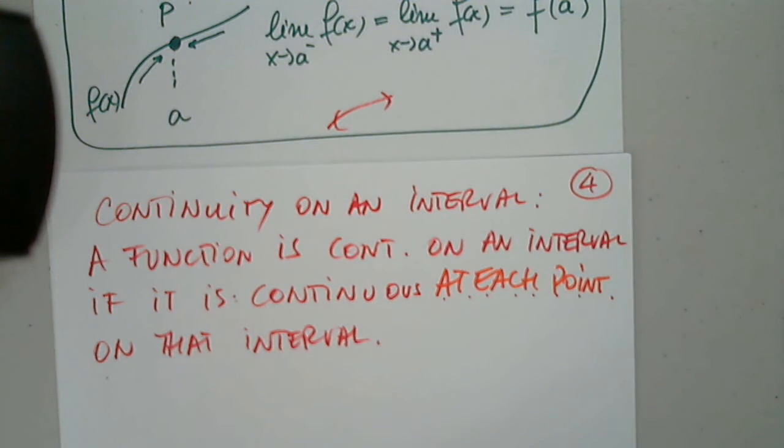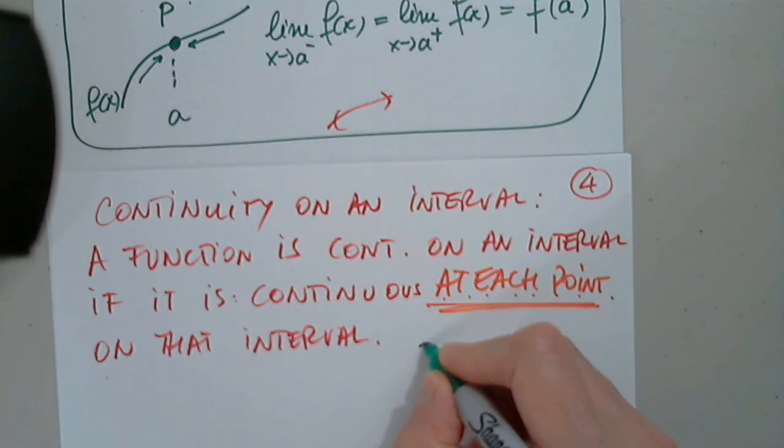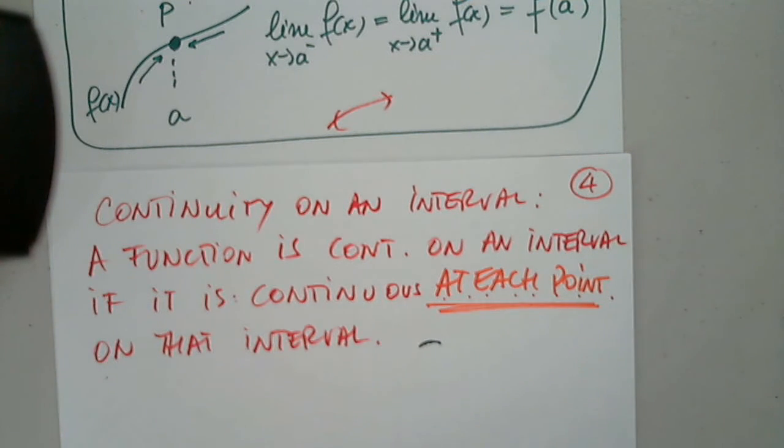Thank you very much. Who was that? Nick. Thank you. So a function is continuous on an interval if it is continuous at each and every point, one after the other, no gap. Good. So now let's look at a few situations here.